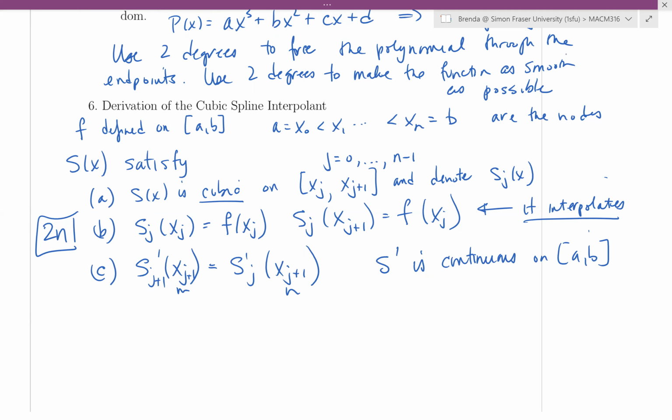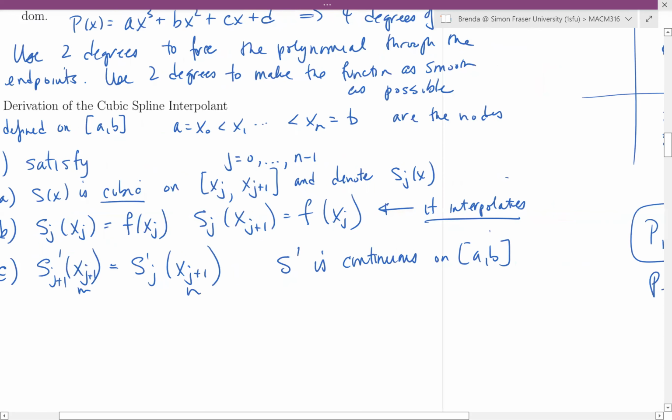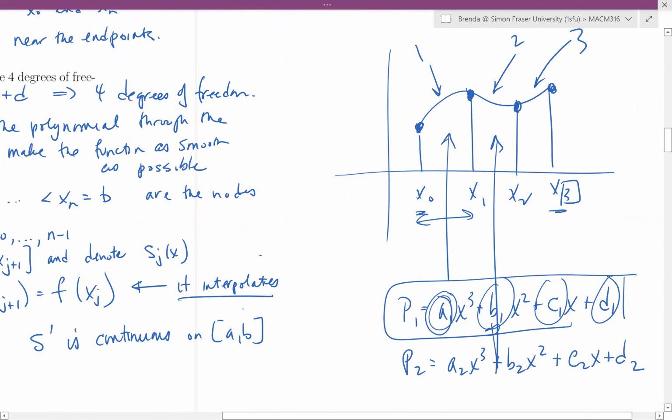Okay, how many degrees of freedom are we going to need to do that? How many choices does this amount to? Let's go to our little baby example here. We want the derivative to be matched right here and right here. We have P1 and P2, and we want them to have the same derivative right here.